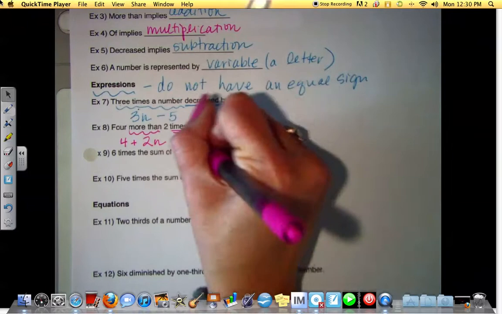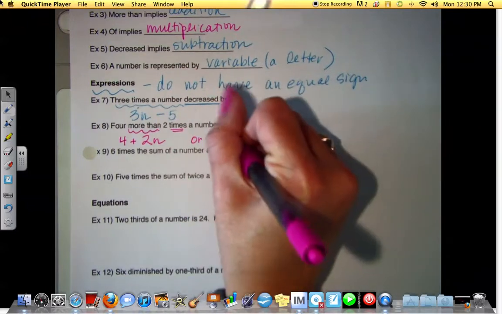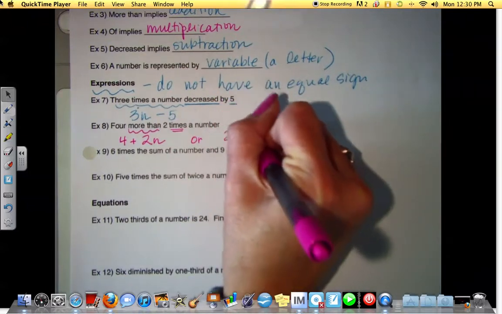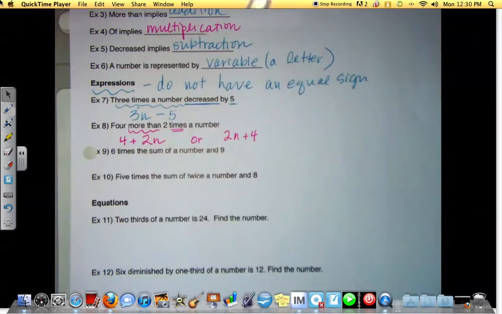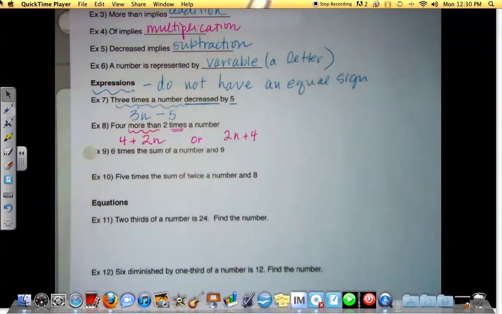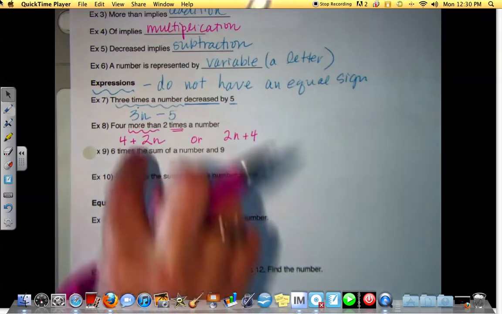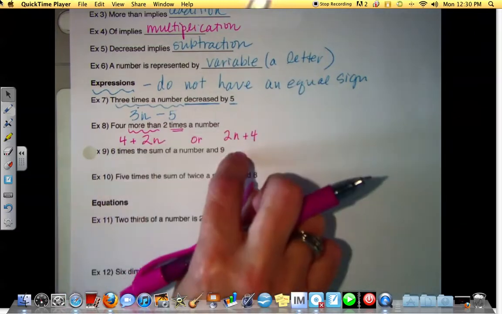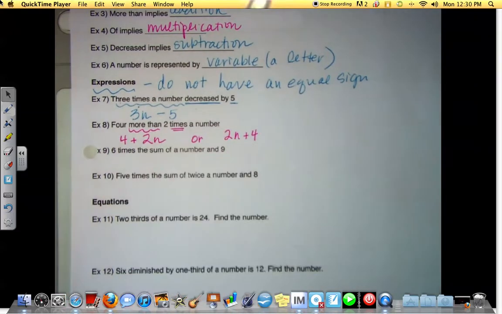We could also write it as 2n plus 4. With addition, it's commutative, so it allows us to write it in either order. It's different than subtraction because you cannot do the same thing with subtraction.